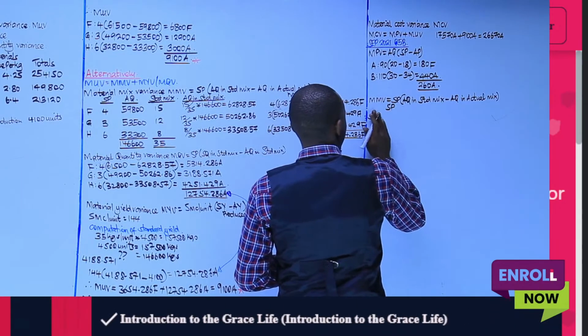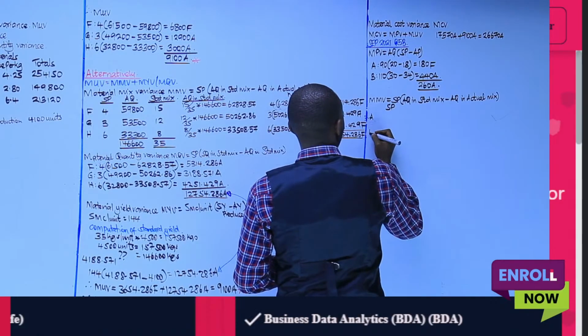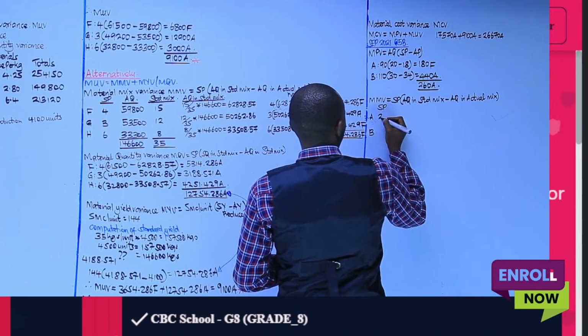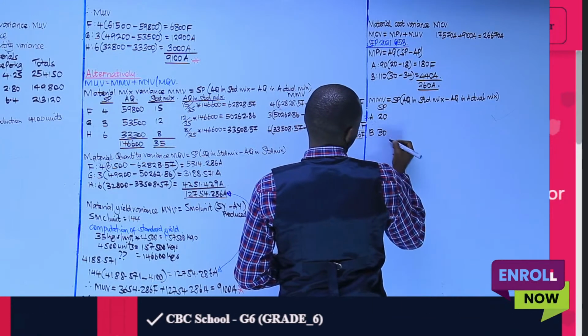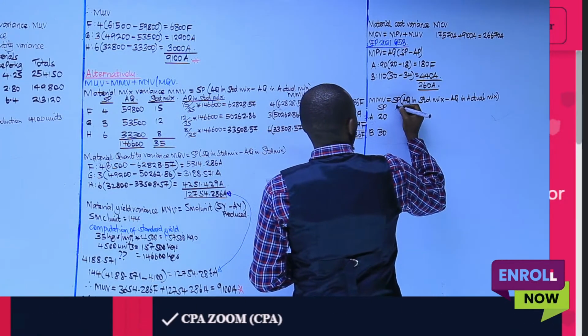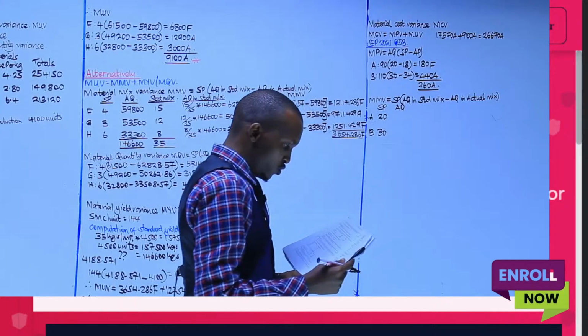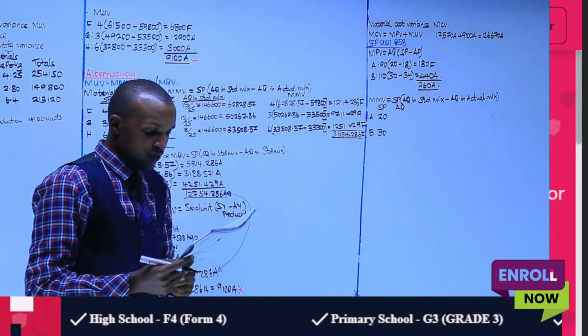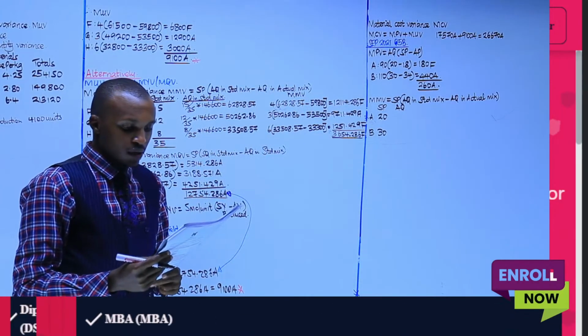The standard price of A is 20, B is 30. Your actual quantity that was used is 90 for A and 110 for B.